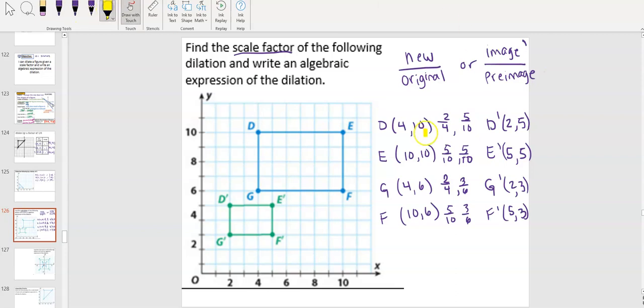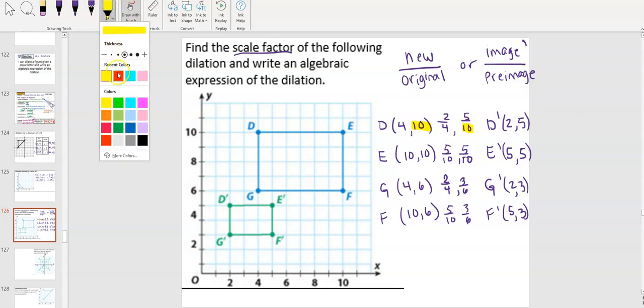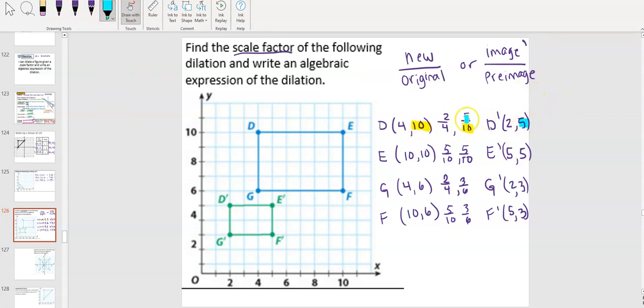So all of these, just to show you where I'm getting my information from, my 10 here, and then my 5 is coming from here. So I'm taking my image here, and I am putting it over my pre-image and dividing. And what I'm going to get is my scale factor, which is 1/2, because all of those fractions up here can be reduced to 1 over 2. So that's it.